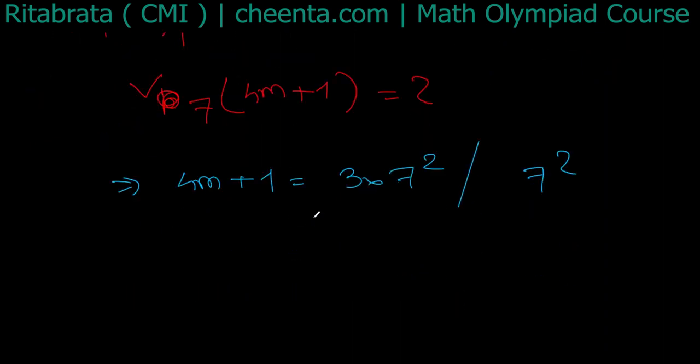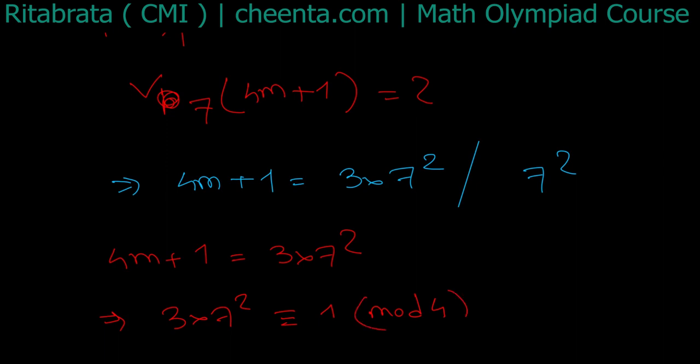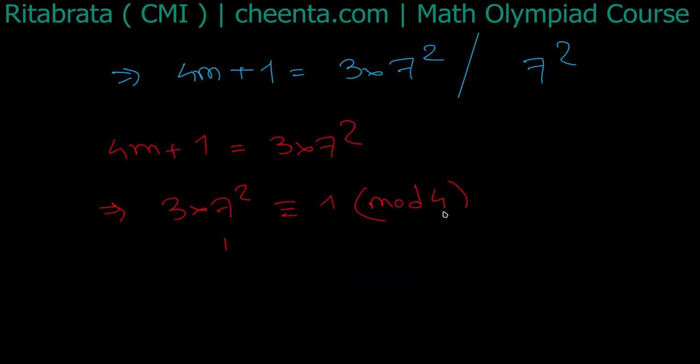Now, can it be 3 into 7 square? 4m plus 1 equal to 3 into 7 square. Is it possible? That would imply 3 into 7 square should be congruent to 1 mod 4. Is it true? 7 is congruent to minus 1, so this is 3 into minus 1 whole square, congruent to 3 into 1, which is 3 mod 4.